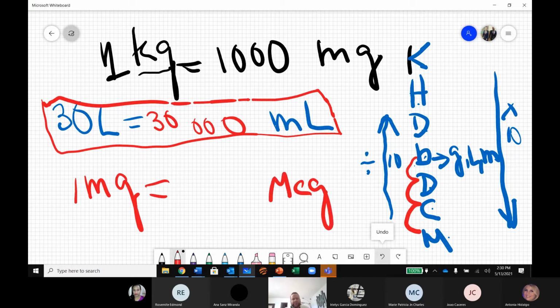Micrograms is a unit which is under milligram. 1,000. Remember, as you know, below milli we have micro, nano, pico, femto, atto, zepto, and yocto. Under this level we use these units of conversion.